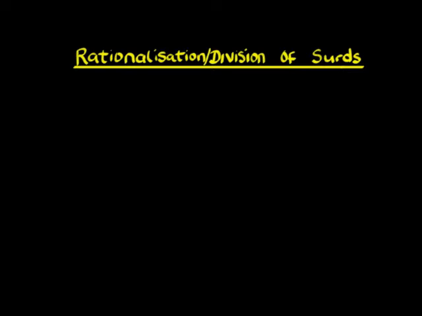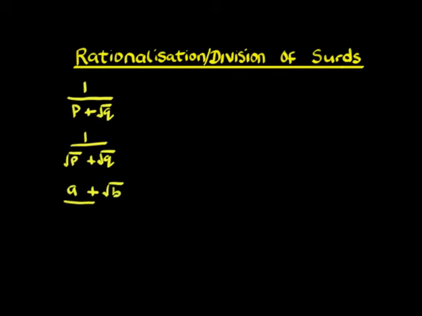For example, suppose we have surds of the form 1 over p plus root q, or surds of the form 1 over root p plus root q, or even surds of the form a plus root b all over root p plus root q.